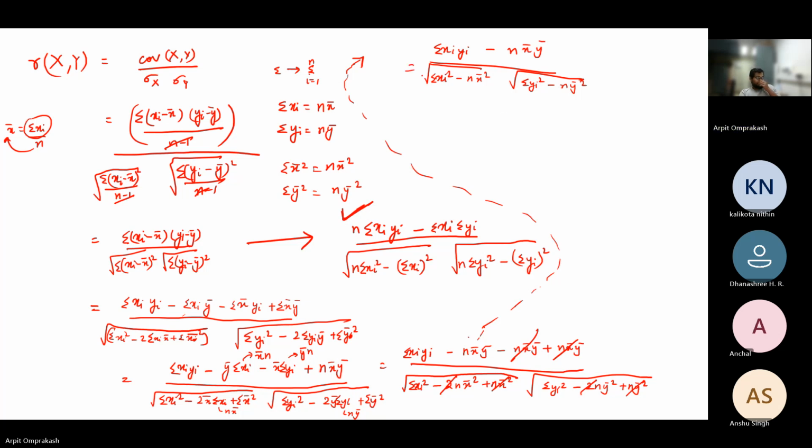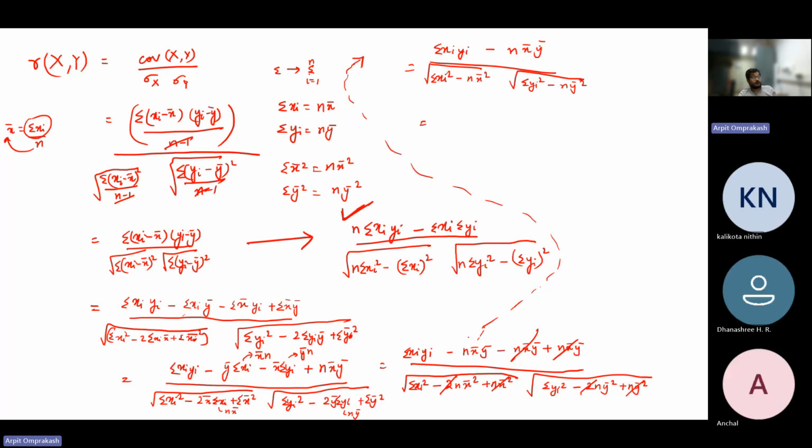So here again, we can basically, so now we have a very simplified formula, which is in terms of the mean and xi, yi, and the mean of x and y, right? But notice that if we would have calculated our R square in this way, we would have the need to calculate mean of x, mean of y, right?